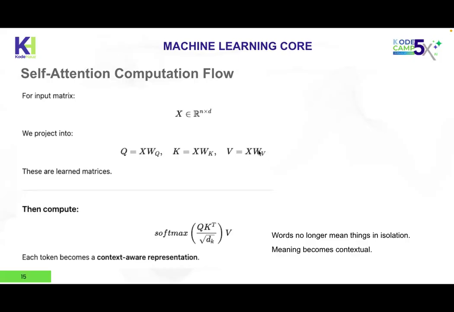Each of these subspaces, it is the weight that determines the exact nature of that projection. So this WQ, WK, and WV are the learned matrices, which you train. That's part of the model's parameters for an attention model. So with that, you have your Q, K, and V.